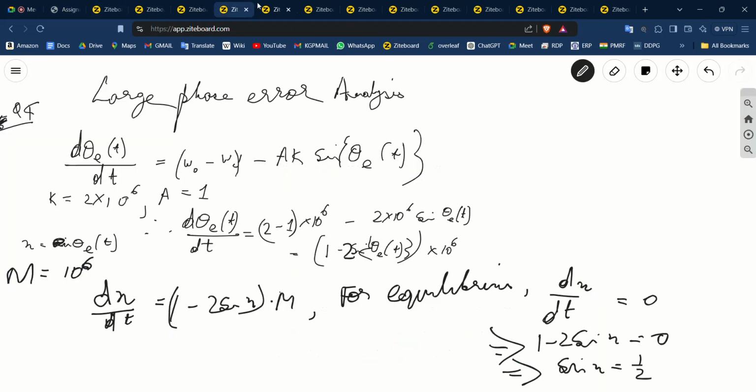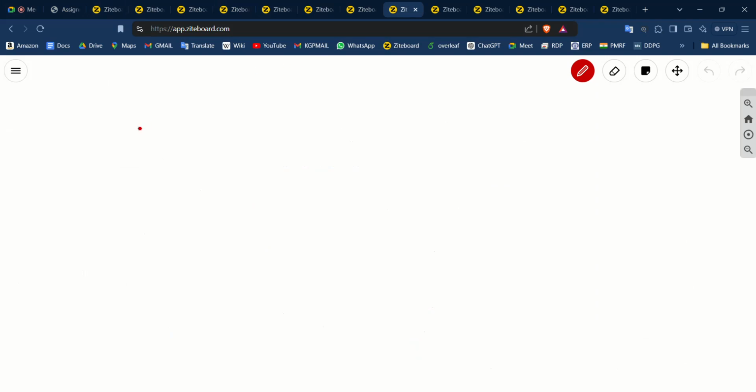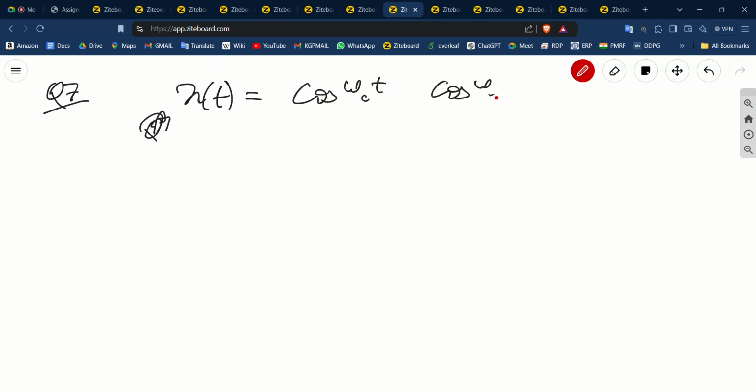First we will write the expression of the DSB-SC. x(t) is equal to cos omega c t cos omega m t. This is the expression for DSB-SC that we will be using.